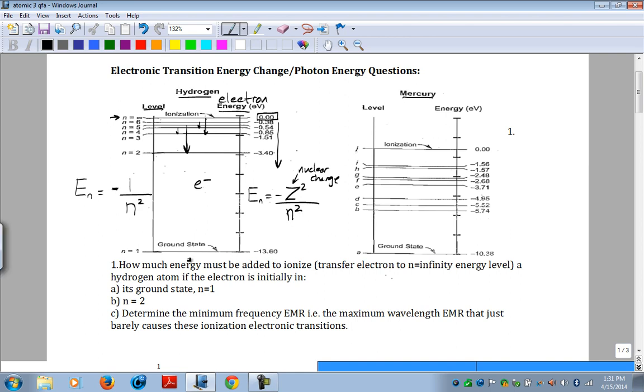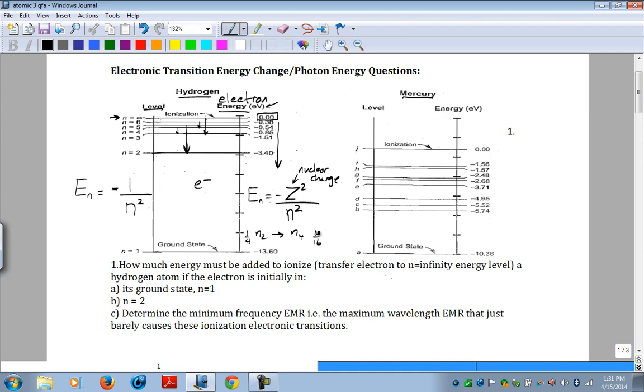And we could test that out with some of these numbers. For example, when n equals 2, you see the energy level in electron volts, we don't have this in joules, is negative 3.40. So if we doubled n, so n went from 2 to 4, that would be 1 over 4 squared is 1/16, and 1 over 2 squared is 1/4.